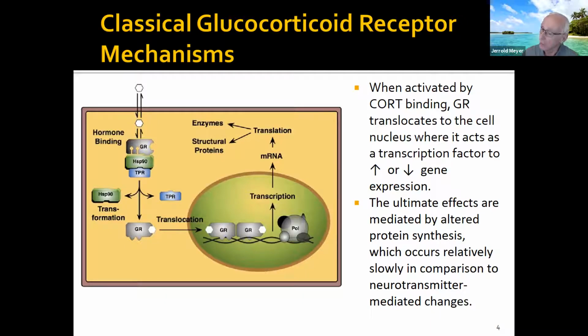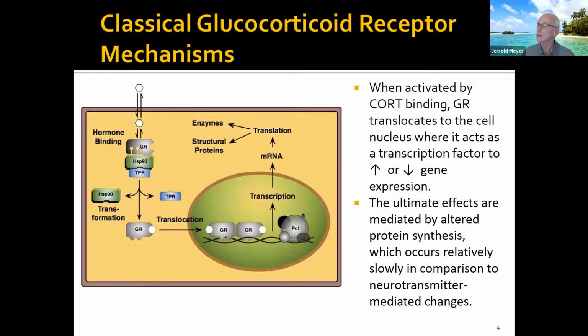What genes and what cells are affected by the hormone depends on a couple of things. First and foremost, does the particular cell express the receptor? This is obvious: for a cell to be responsive to glucocorticoids, it must have the receptor. And then different cells will have this regulatory sequence, which we call the glucocorticoid response element, GRE, on certain genes and not others.